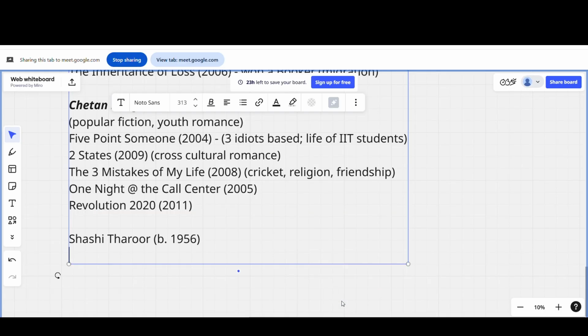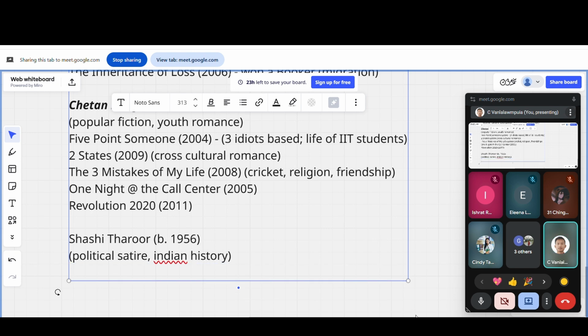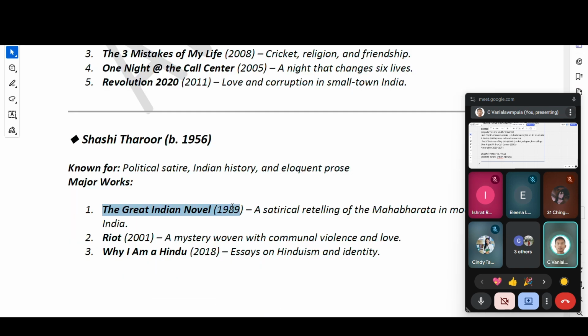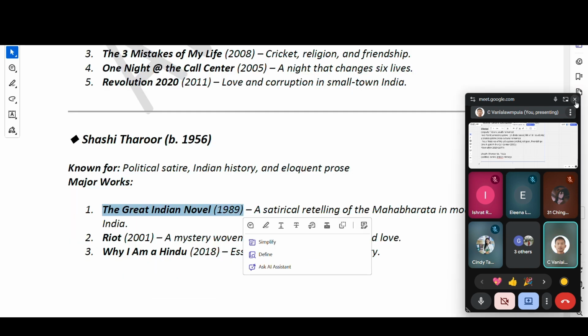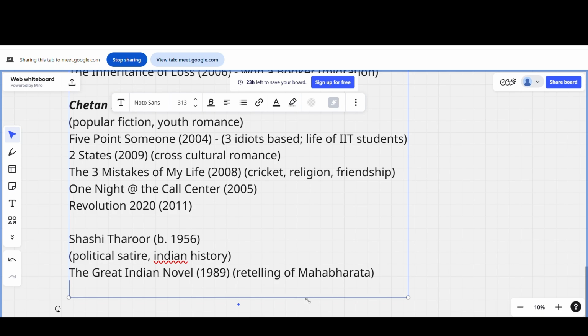He writes a lot about political satire. This is the genre. And also Indian history. The Great Indian Novel, 1989, is a retelling of the Mahabharata, an important Hindu text.